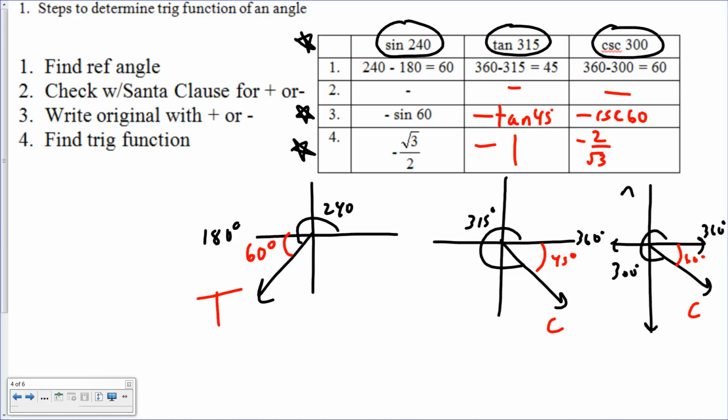If you don't like doing that, then you could say it's negative 1 over sine of 60, which is really equal to a negative 2 over radical 3 through a couple of steps. This would be radical 3 over 2. You'd have to multiply by the reciprocal and ultimately get there.